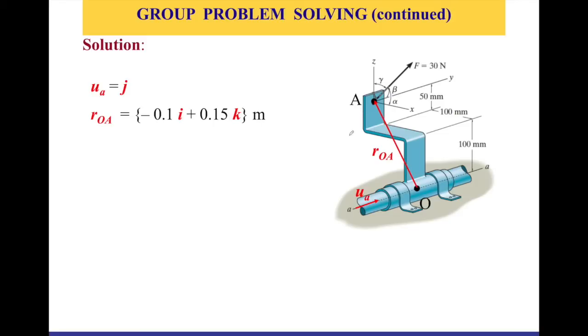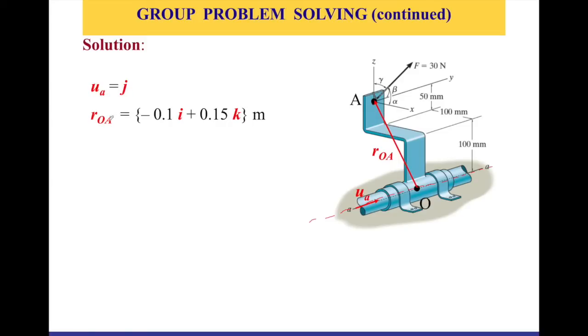We are going to assume that this UA is parallel to the y-axis. This is the line that I want to find the moment about, and it's parallel to the y-axis. So I can say that the unit vector of that line is j, because it is just the y-axis.